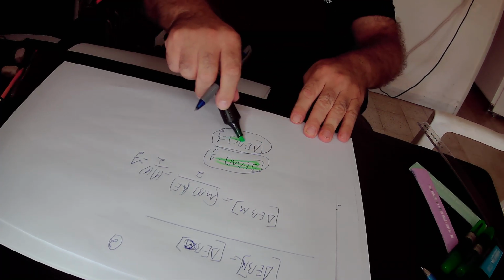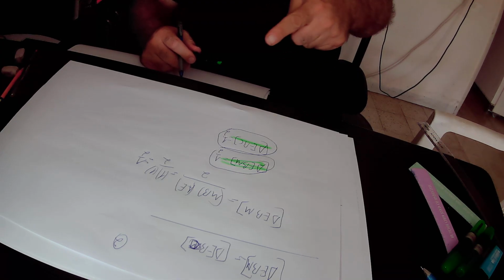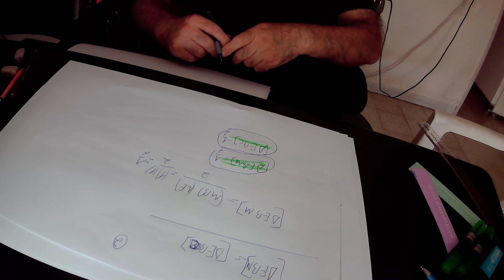So therefore the area of triangle EBM plus the area of triangle EBC will be equal to 1 half plus 1 half, that is 1.